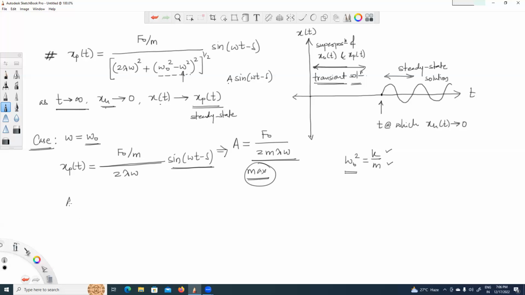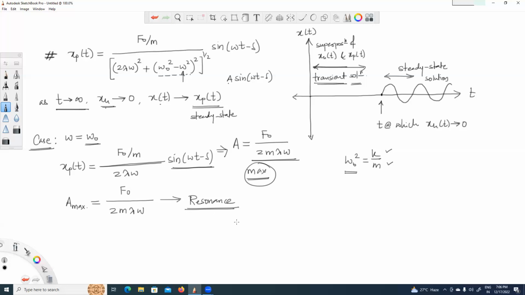So I can say here that the maximum amplitude is given by f naught over 2m lambda times omega. And this condition in which the system oscillates with the maximum amplitude is called resonance.